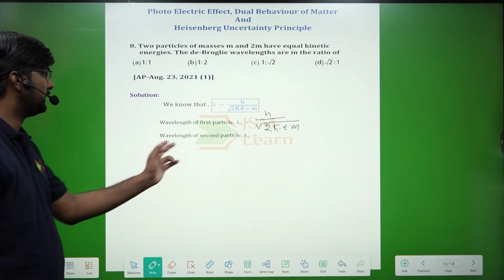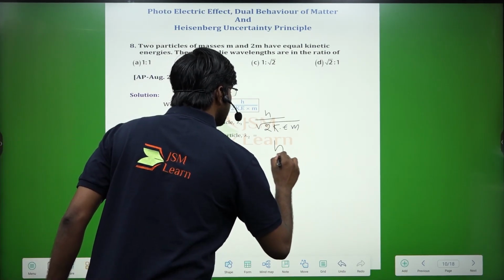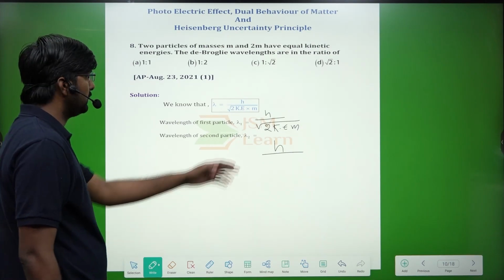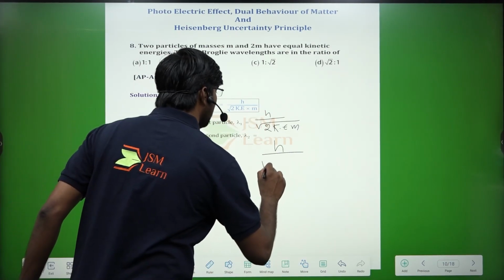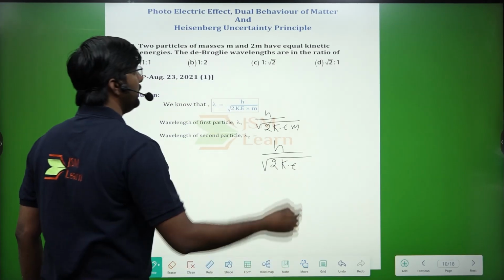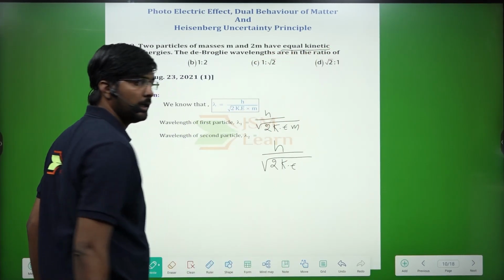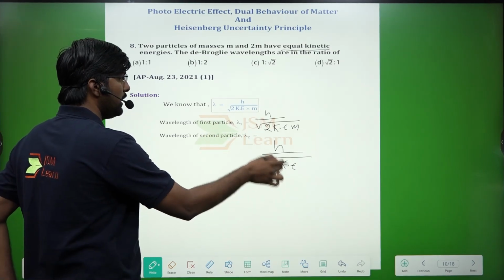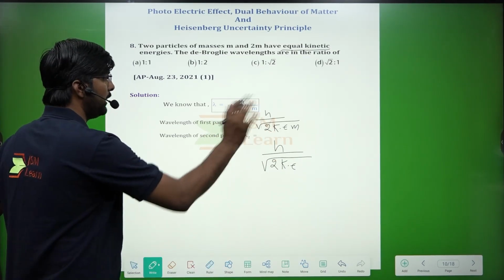And for the second particle, h by square root of 2 ke, where h is Planck's constant, so h here also. Both have equal kinetic energy, so simply I am writing ke.